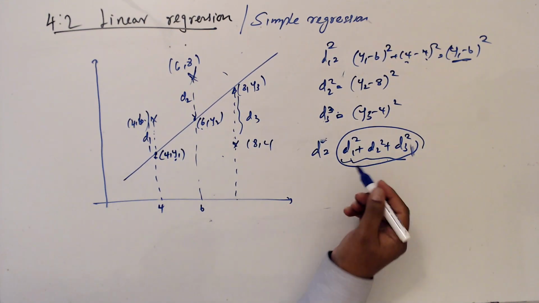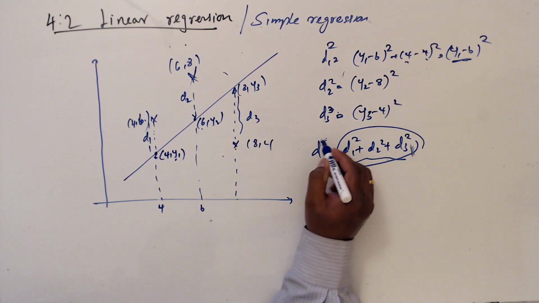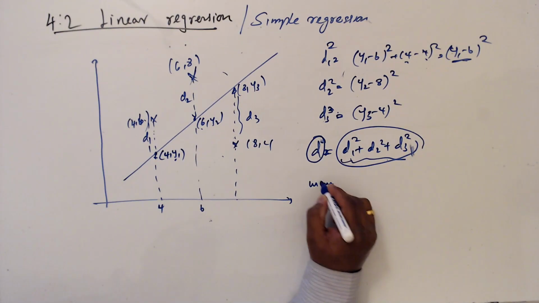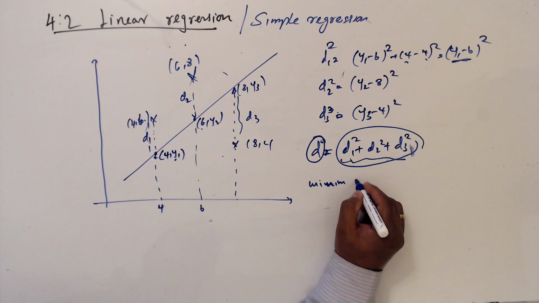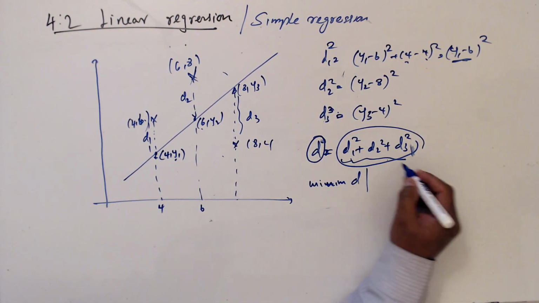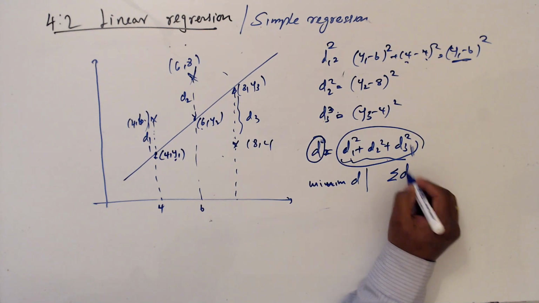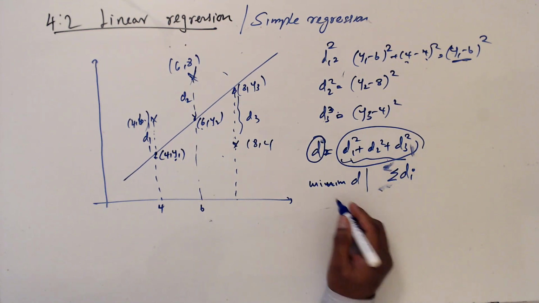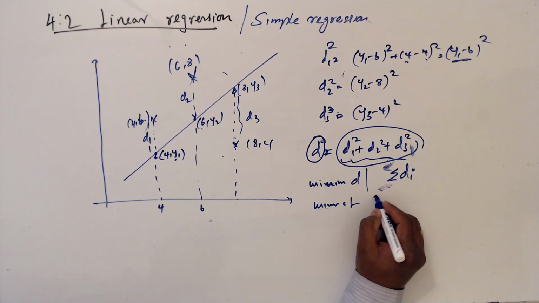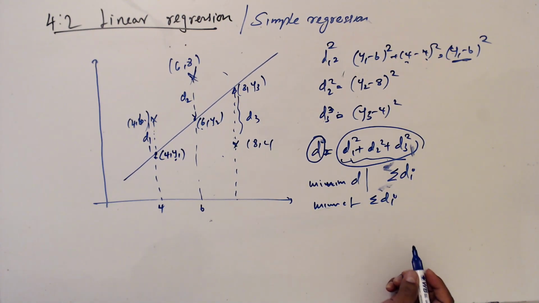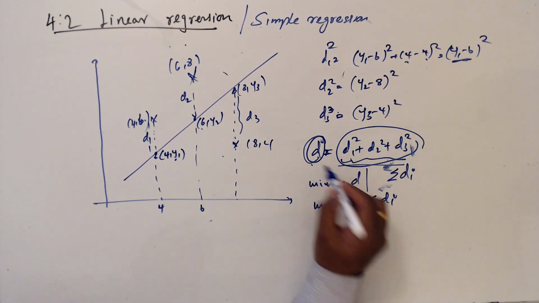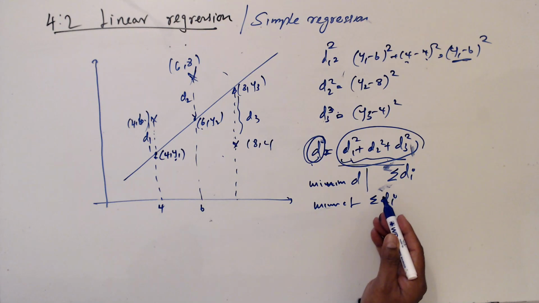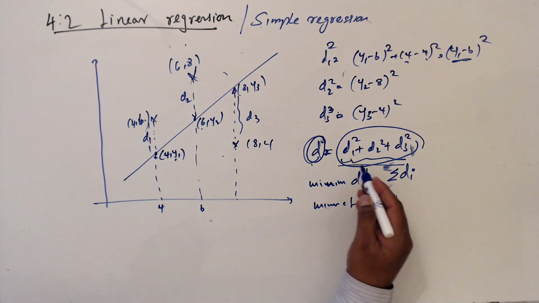We are adjusting the line and getting the minimum d. Or you can say the summation of di, for i equal to 1 to 3, and we want the minimum value of that summation. You can find it by differentiation and other techniques we can use to find the minimum value.